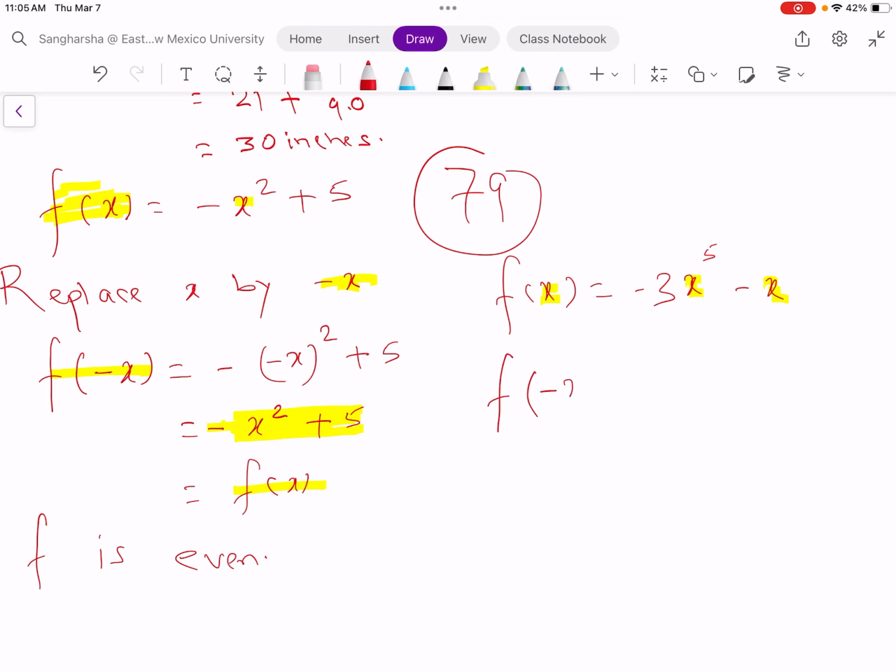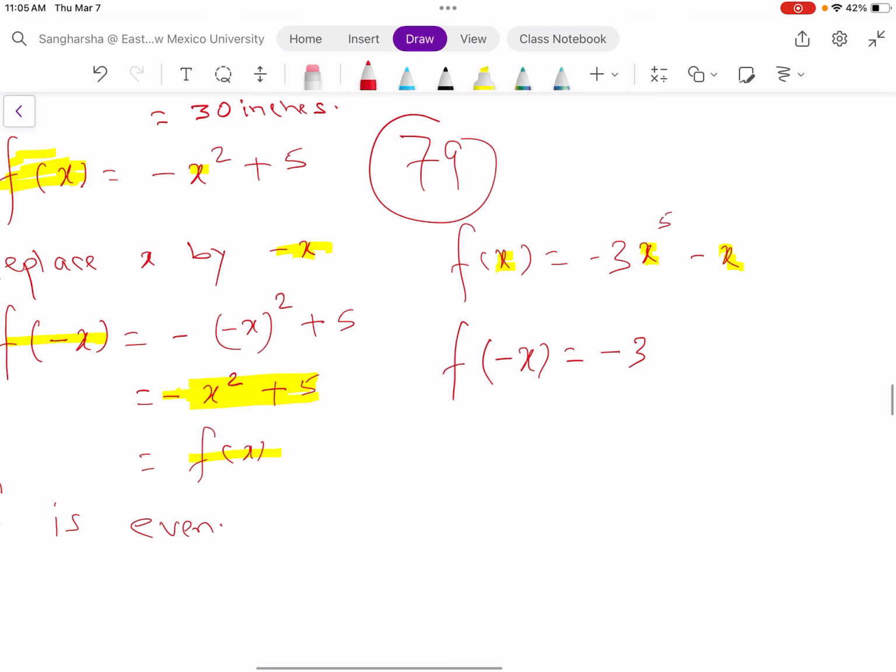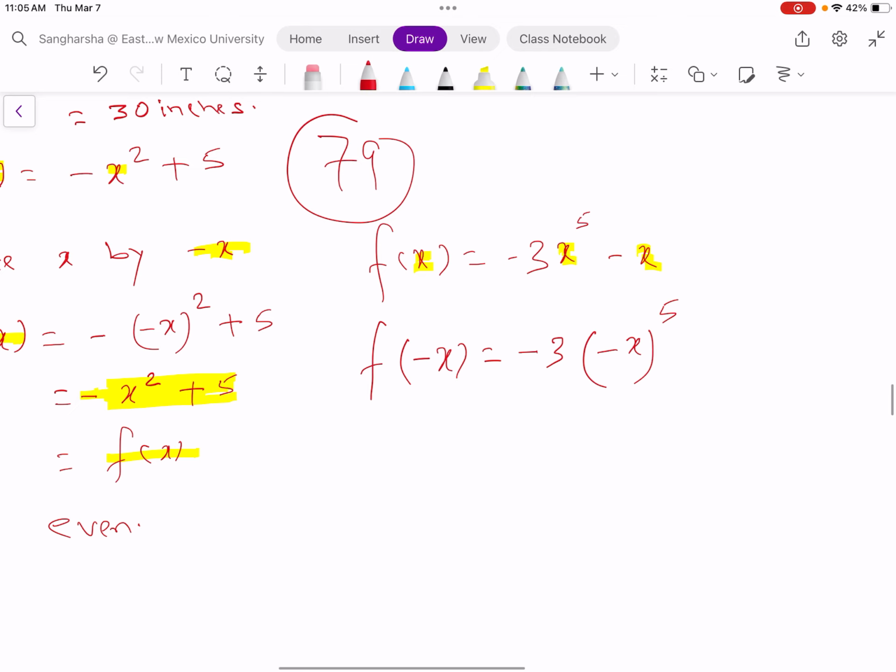For x we have negative x equals, we have negative 3 as it is. For x we have negative x and the exponent 5 as it is. We have negative as it is, and for x we have negative x. So you are replacing x of the function by negative x. So this is negative 3, and the fifth power of negative x is negative x to the power 5, right?